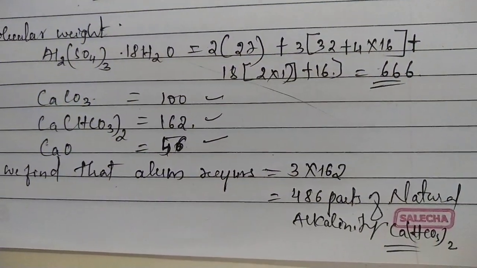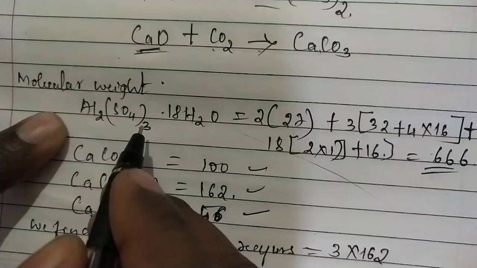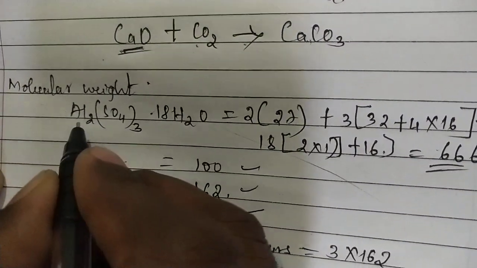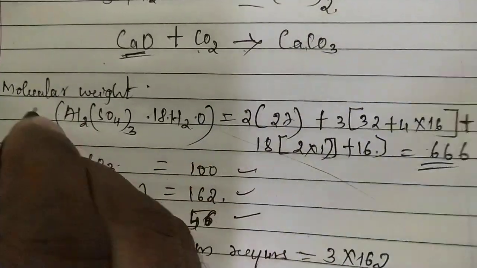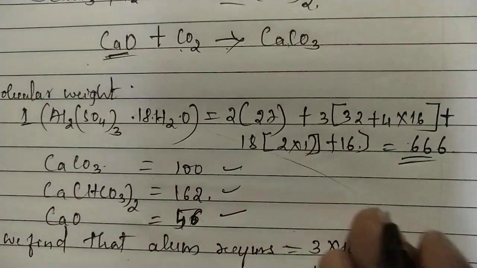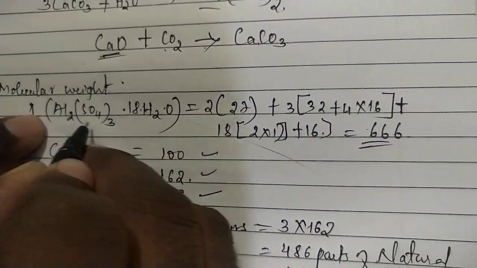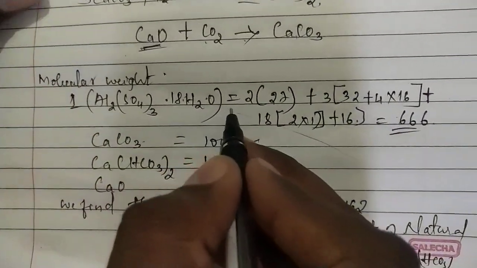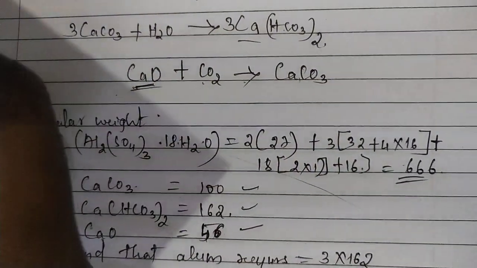This is natural alkalinity. Why do you add these three? By using this equation, you just see here, this is Al2(SO4)3.18H2O. So this means one compound of alum is formed here in the equation. Sorry, you have to follow it here.